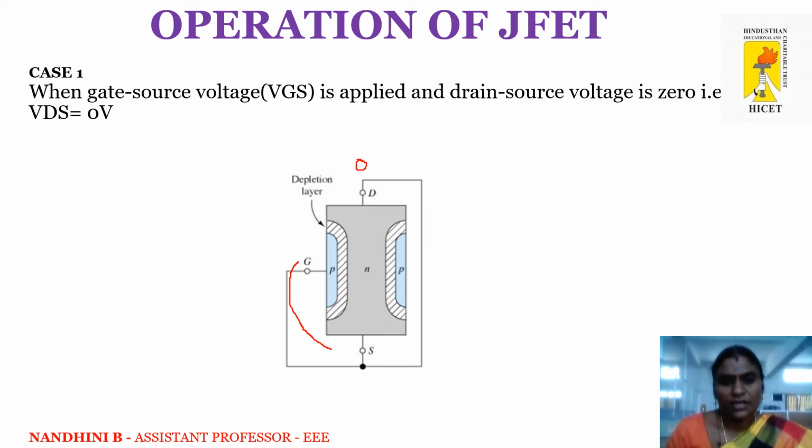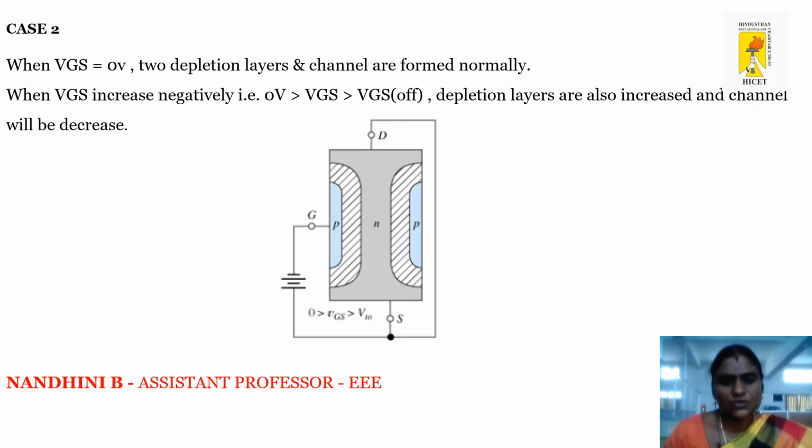When your gate source is applied and your drain source voltage, that is your VDS, is 0, at that time your channel will be very normal. The depletion regions also will be normal. Next, case 2, when VGS is 0, your two depletion layers and channels are formed normally. That is your case 1.